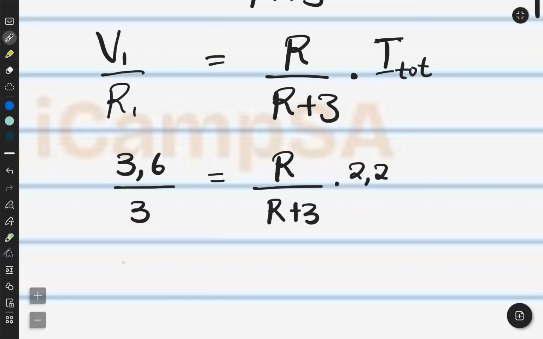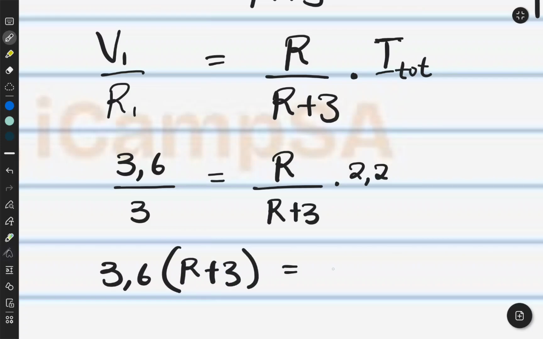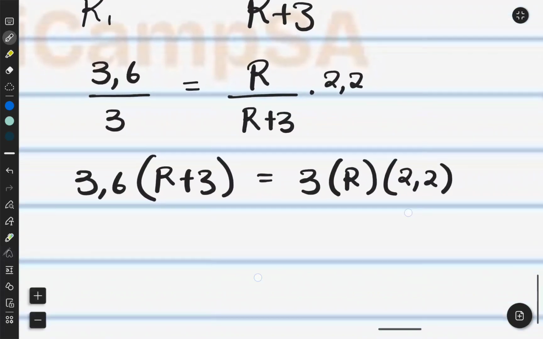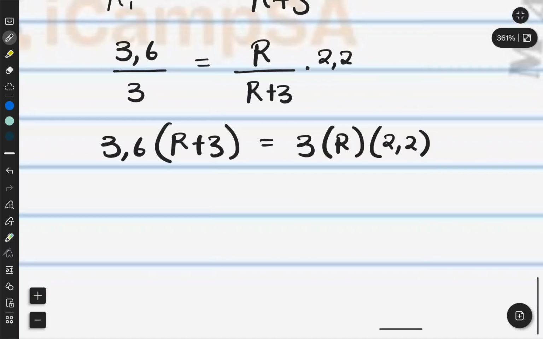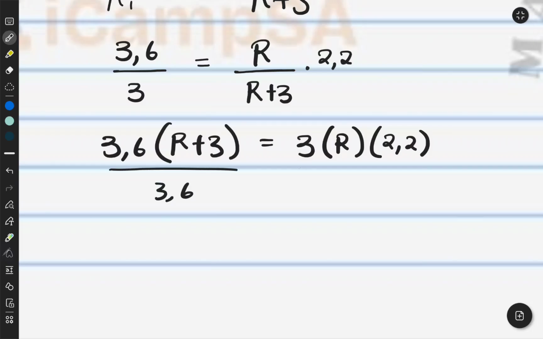Now we can cross multiply. This is going to be 3.6 times R plus 3 is equal to 3 times R times 2.2, right? That's what we have now. So we can solve here. To make your life easy, you can divide both sides by 3.6.